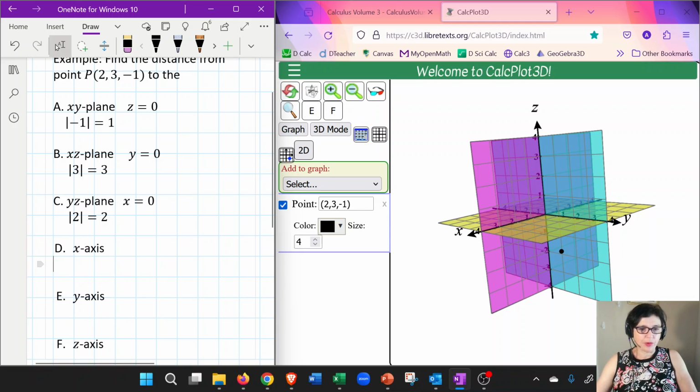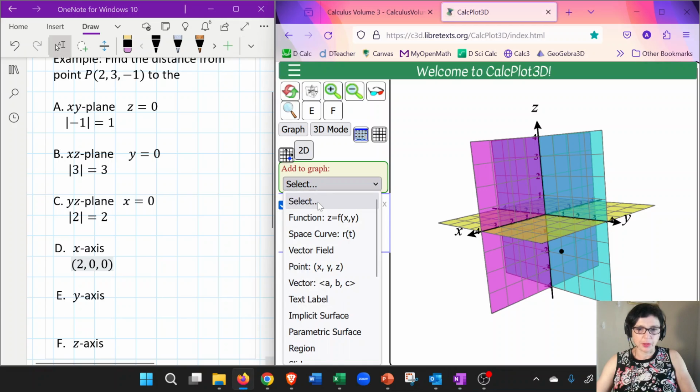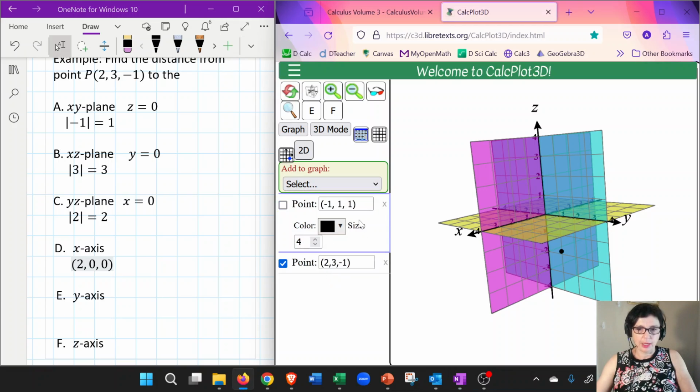On the x-axis, x is not 0, but y and z are 0. So you're going to just put 2, 0, 0. That's going to be your projection to the x-axis. So let me add another point, 2, 0, 0. Okay, so this is the point on the x-axis.